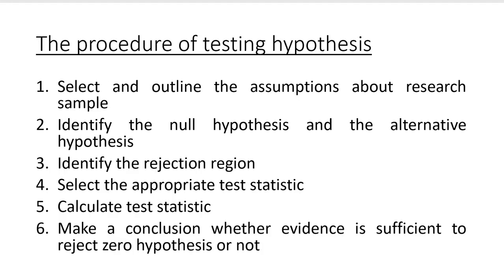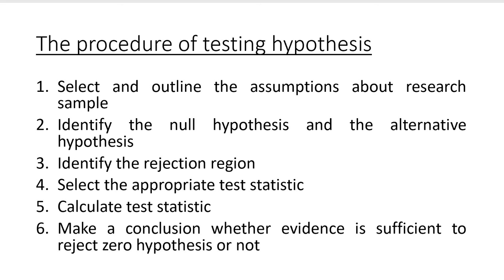Okay, so when it comes to the very generic procedure of testing hypothesis, the stages are like this. First of all, you have to select and outline assumptions about research sample. For instance, you have to know whether it's indeed representative, whether data is distributed normally, for instance. You have to know the size of your sample.